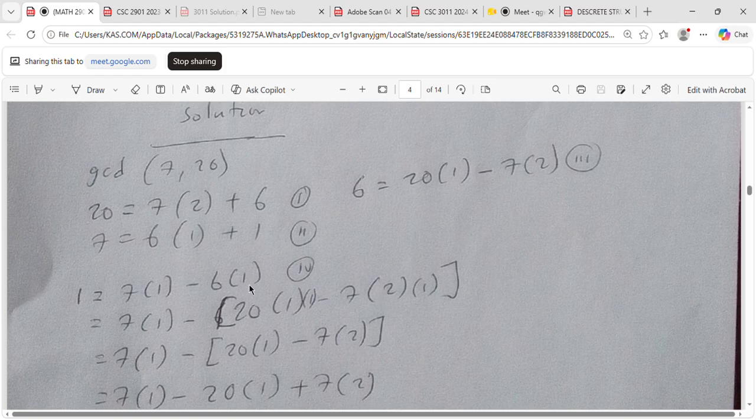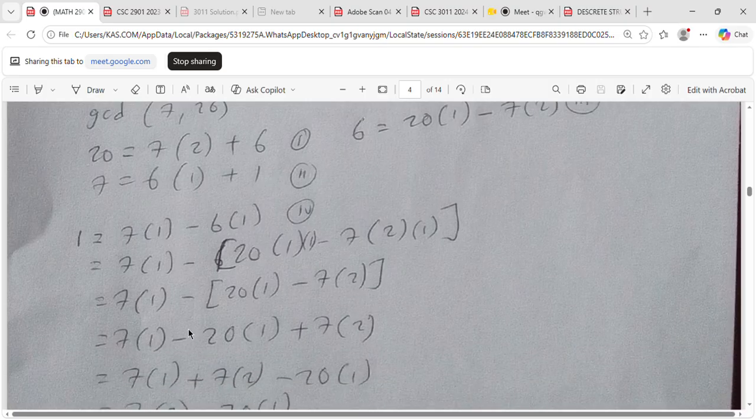But this 6 has 1 there, so it has to come back. If this was 3, this would have been 3. So you multiply 2 times 1 and 1 times 1, which will give you 1 and 2. Then you open the bracket.